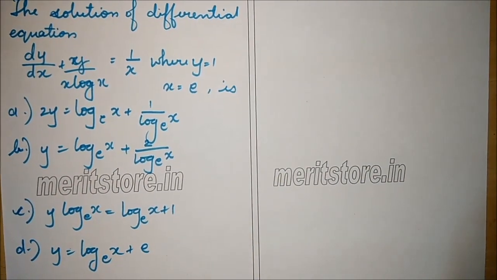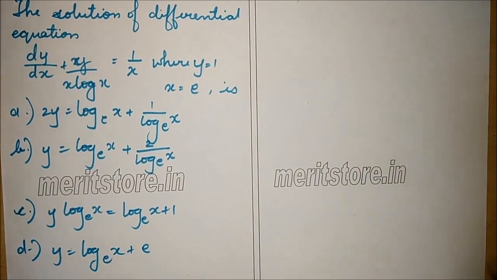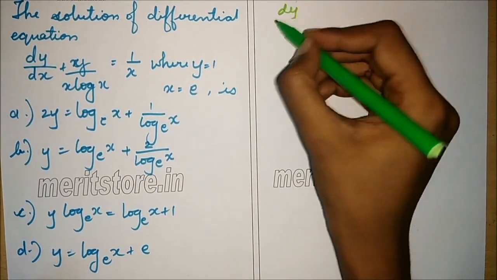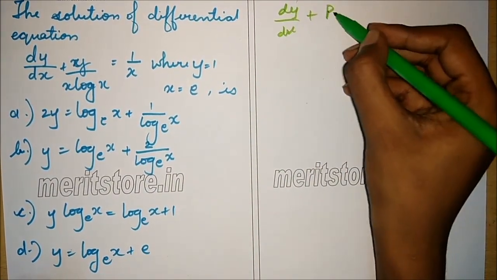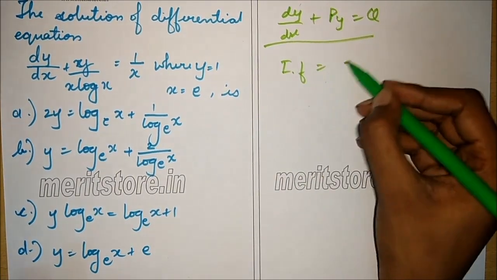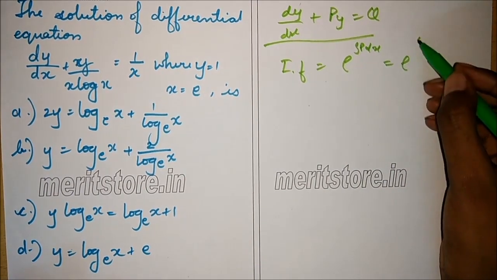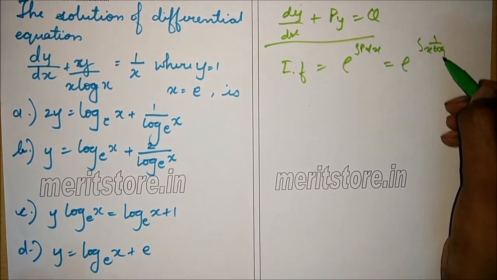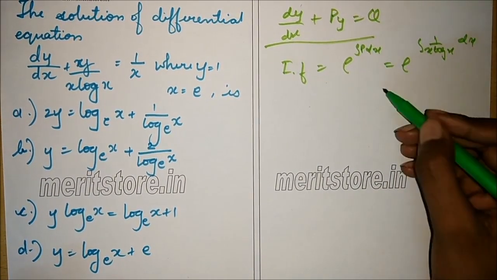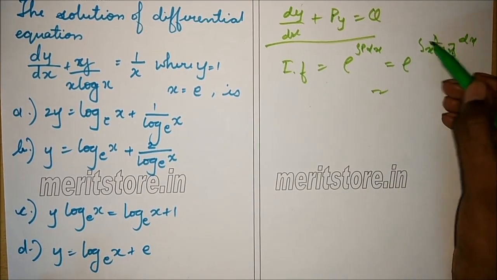So the given differential equation is dy by dx plus y by x log x equals 1 by x. So this is in the form of dy by dx plus Py is equal to Q. So first we'll find the integrating factor, which is equal to e raised to integral P dx, which is equal to e raised to integral 1 by x log x dx. Now in the integration, we can see the derivative of log x is 1 by x.